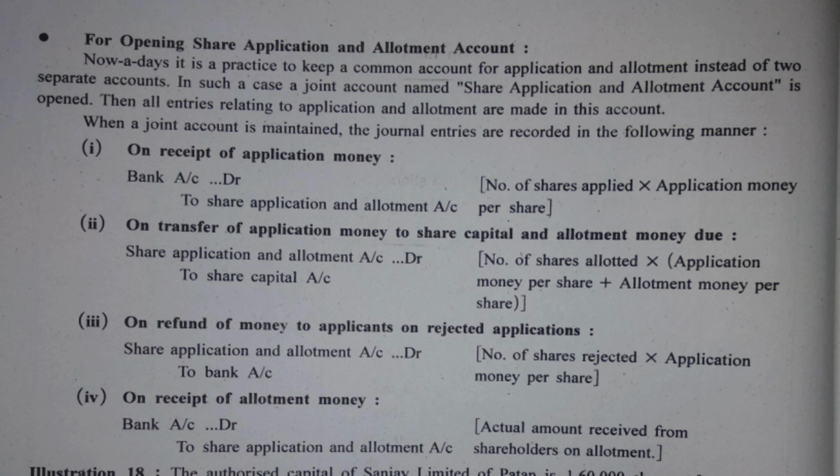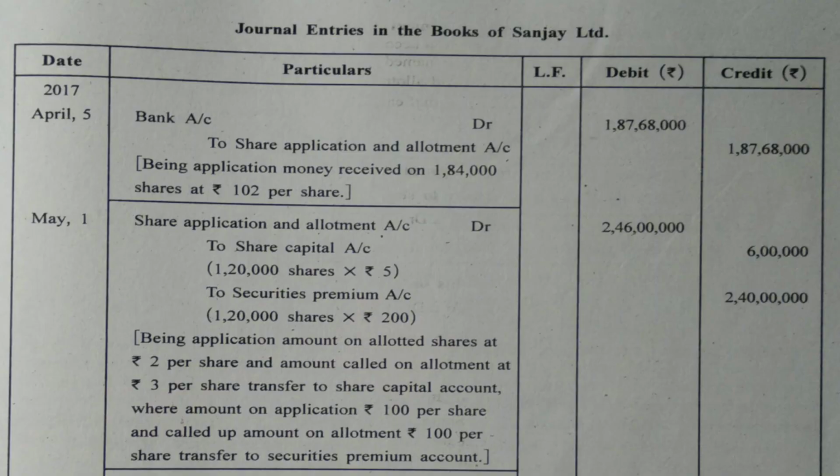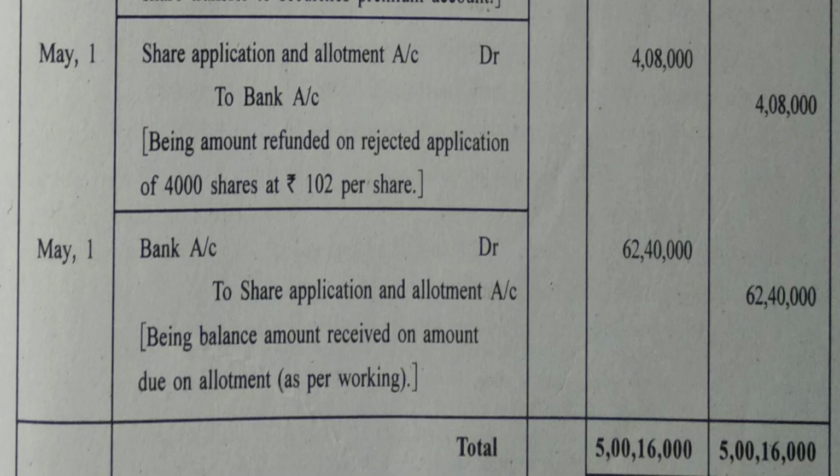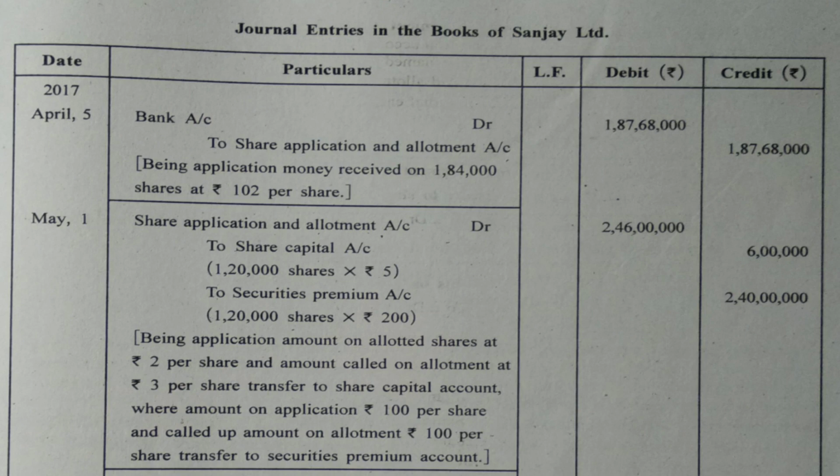The number of shares to be considered is 12 lakh only, the way it is given in question. 12 lakh have been issued and hence you will consider only 12 lakh in second journal entry. Yes, and as I said, with respective amount.